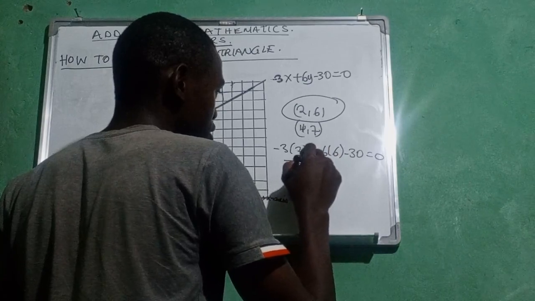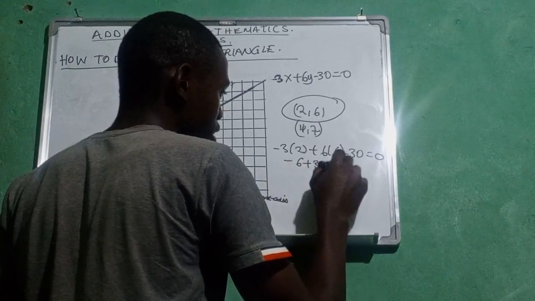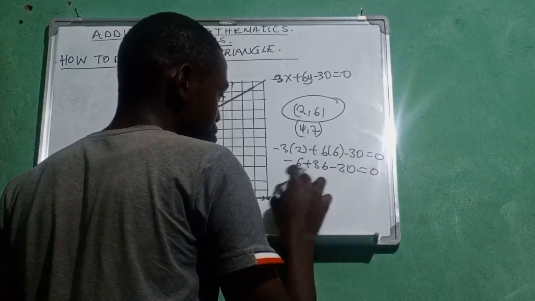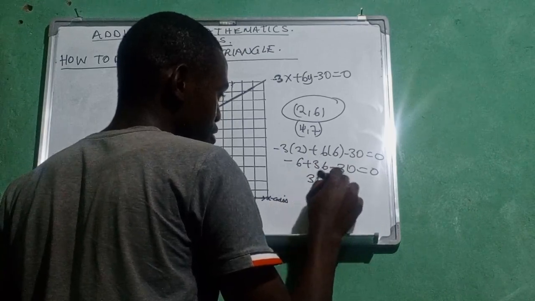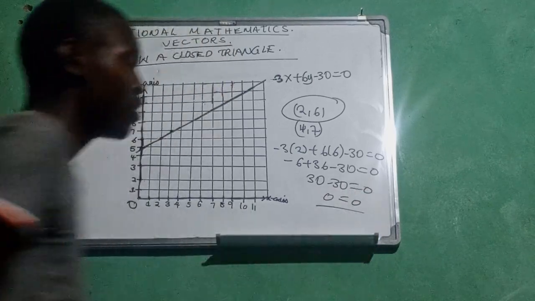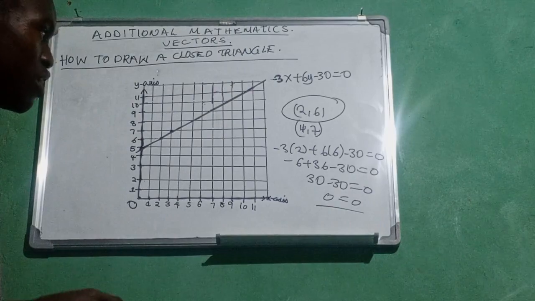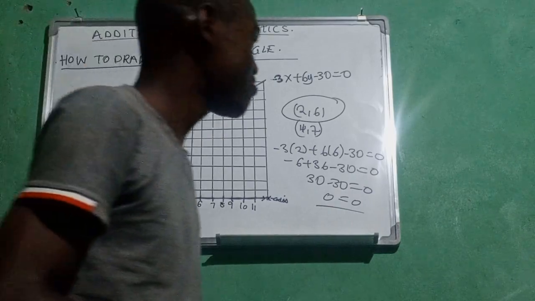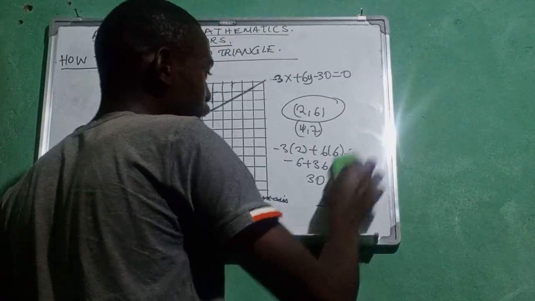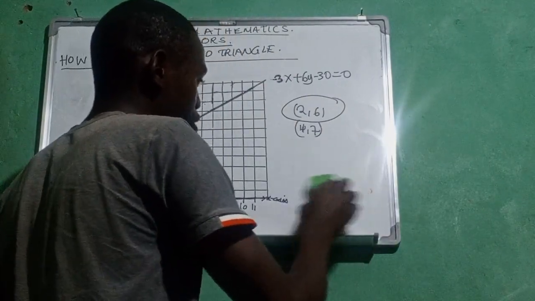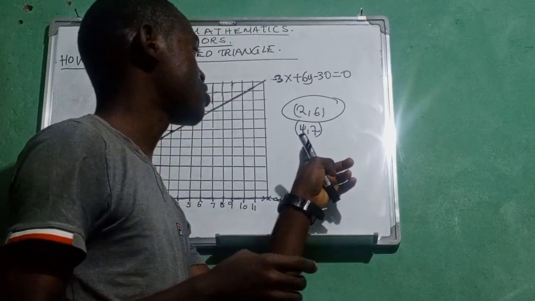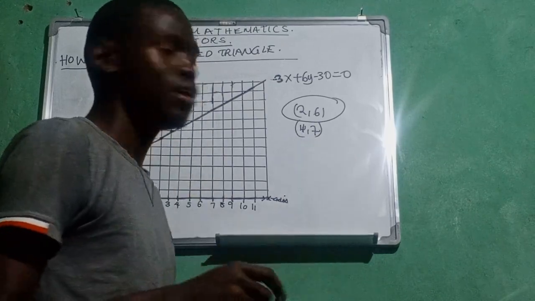So here it's minus 6 plus 36 minus 30, which is positive 30 minus 30, equal to 0. 0 is equal to 0. So this is a valid solution. When you know it's a valid solution, you can try another coordinate. So if you try 4, 7, it will also give you a valid solution. 0 is equal to 0.